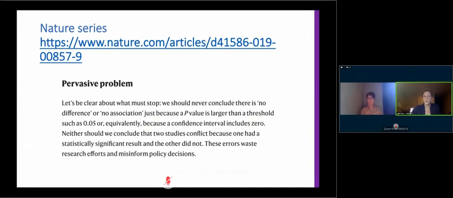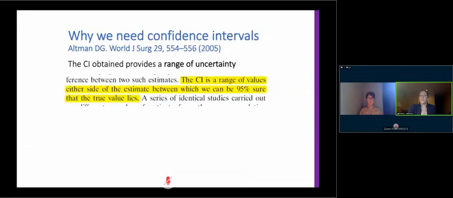We shouldn't conclude that studies conflict because one is statistically significant and one is not, and it's indeed an error. So really what we are saying is that just because a confidence interval is wide and includes no effect, that it's not statistically significant, does not mean that there is no effect.